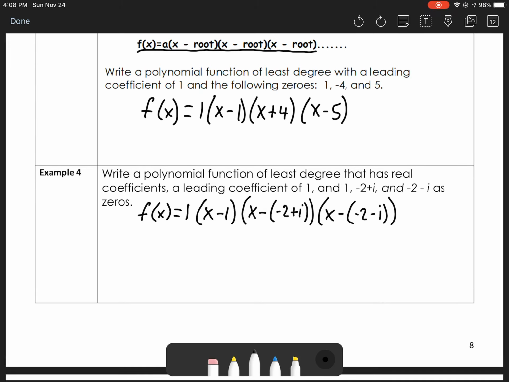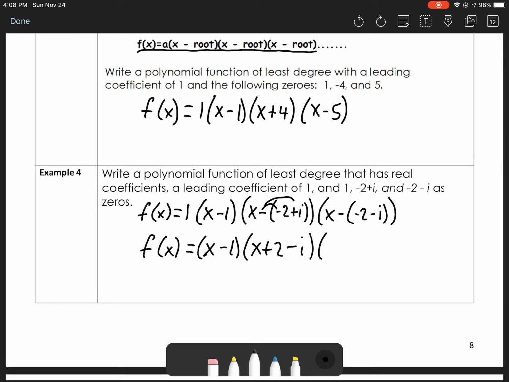Now let's simplify this by distributing our negative inside of the parentheses. So it's going to be f of x equals, and we don't need to include the 1 since that's representing a. So it'll be x minus 1, x plus 2, and then minus i.